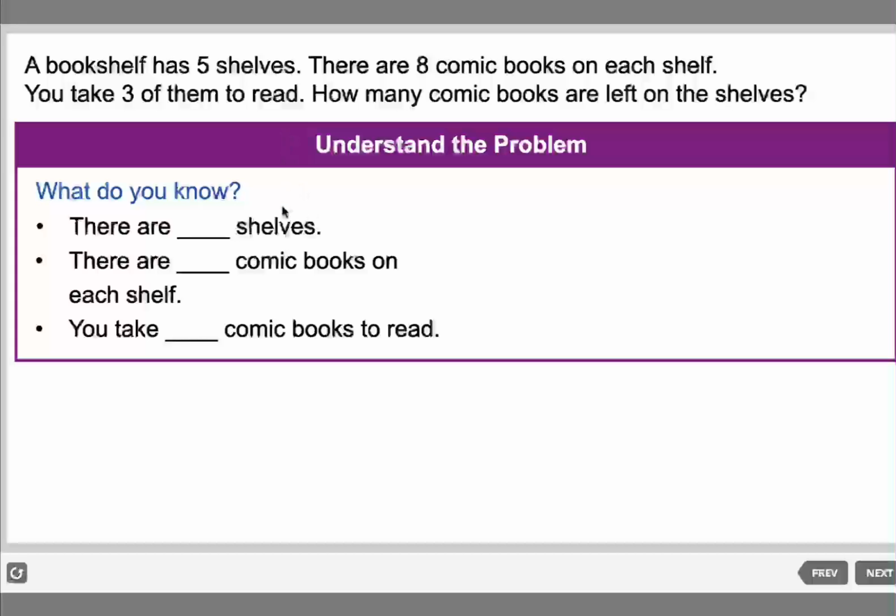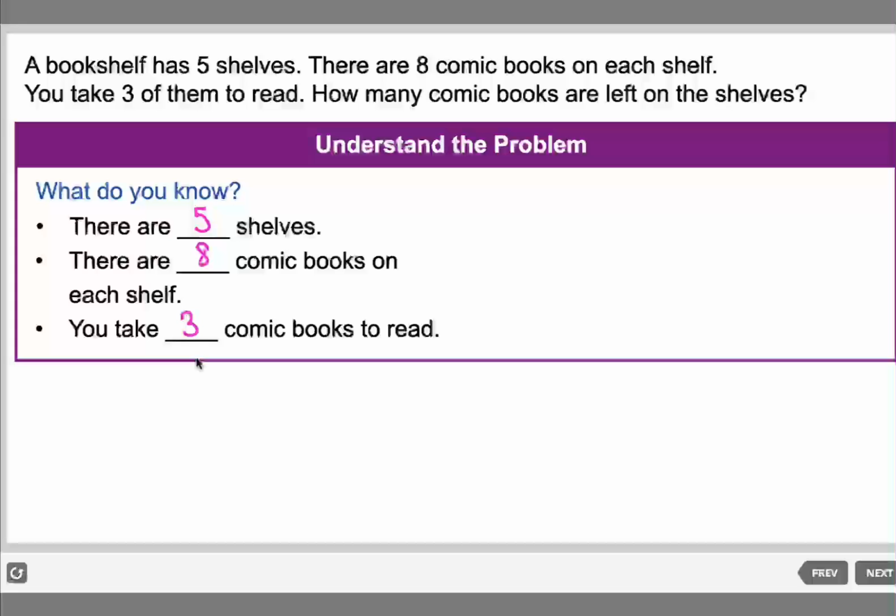We have 5 shelves. And there are how many comic books on each shelf? There are 8 comic books on each shelf. And how many comic books did you take to read? You take 3 comic books to read. So this is the first step, my heroes. You should understand what you have in the question.